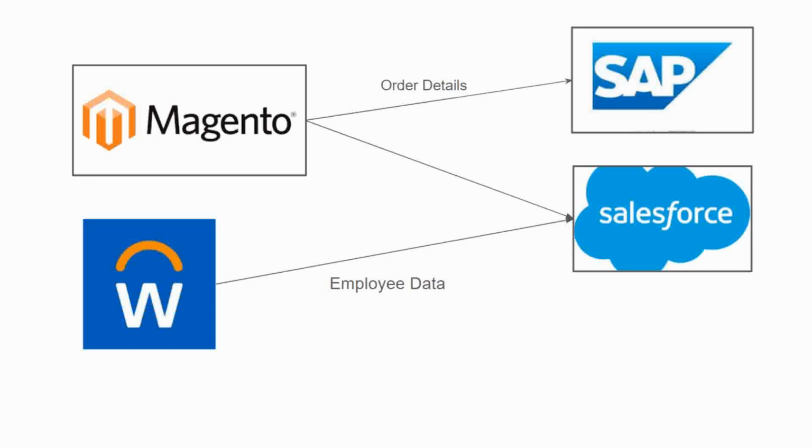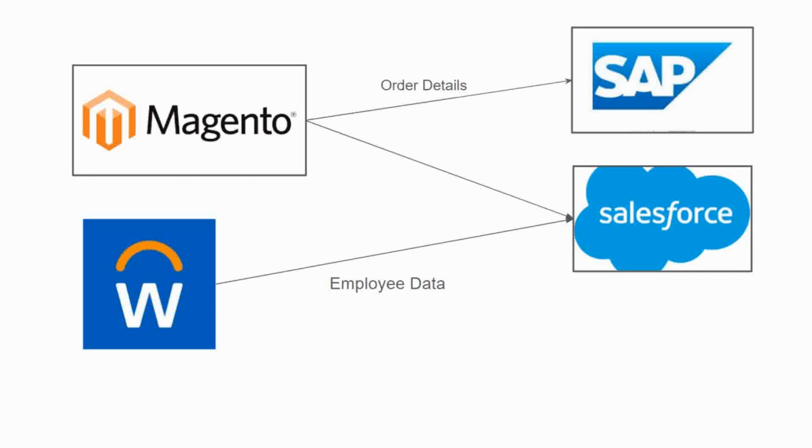There is no link between Magento and Salesforce, so you cannot take Salesforce into consideration in your integration, right? In that case, only Magento and SAP will talk. Say again, the Workday employee data has to be synced with Salesforce, not with Magento or SAP. Then in that case, I am connecting only Workday and Salesforce.